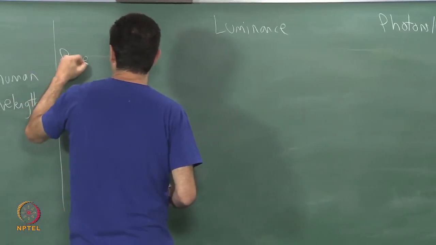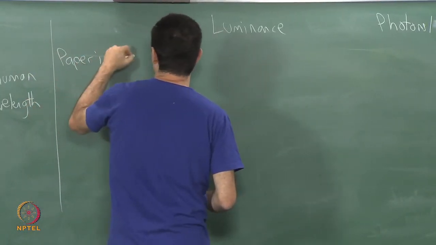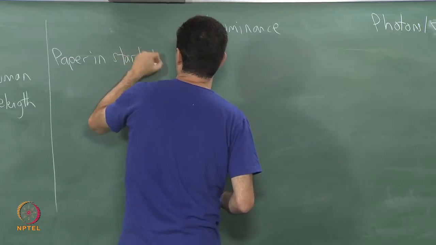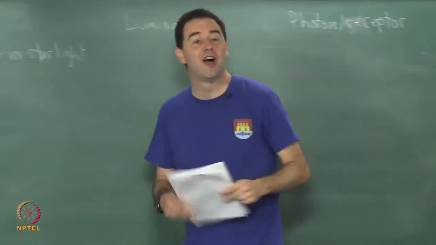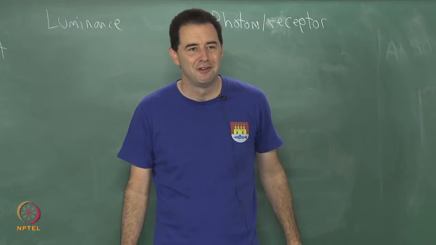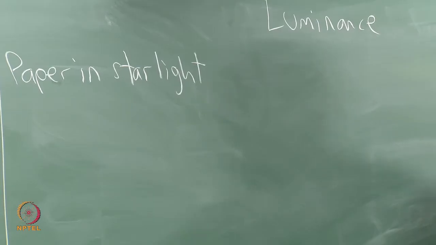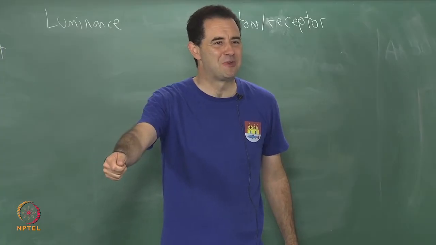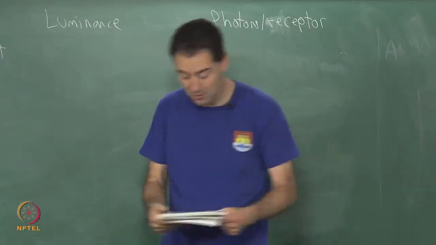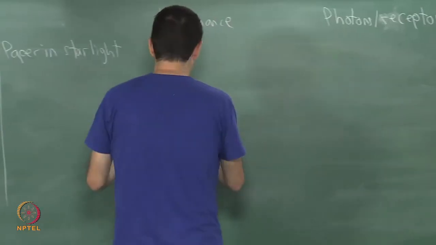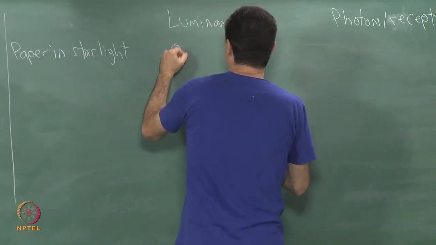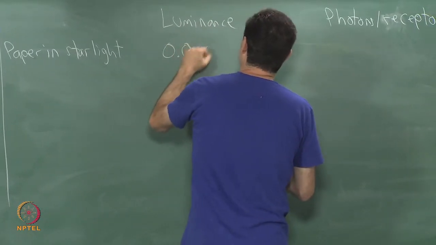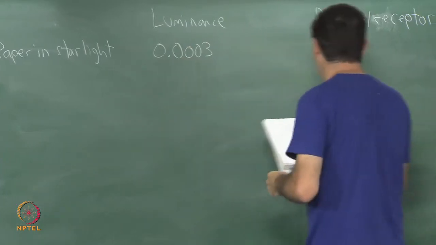Paper in starlight as the weakest. So we're outside, there's no moon in the sky, there are no clouds, just stars, and you hold out a piece of paper, and I assume you're not near the city or anything like that, right. So imagine it's very, very dark, you just have a piece of paper. This corresponds, and of course it's hard to reproduce this exactly, but this table is nice for comparative purposes.